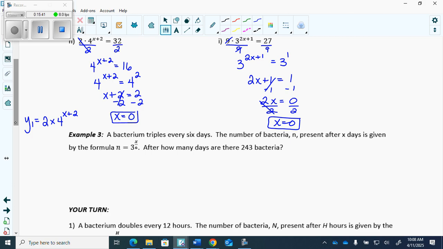After how many days are there 243 bacteria? So did they give me N or did they give me X? N. N is bacteria, right? It says that? So now I have 243 equals 3 to the x over 6.